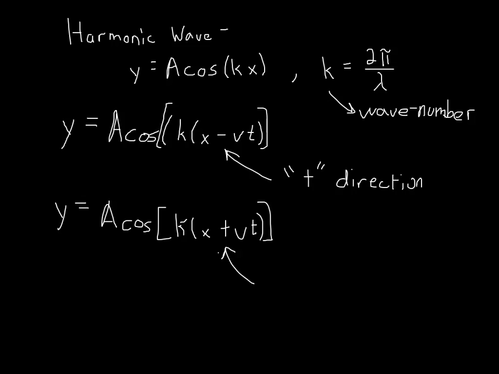And if we have a positive sign, then our wave is traveling in the negative direction. Again, we determine this based entirely on the sign of this v times t in our wave equation. If it's negative, we're going in the positive direction. If it's positive, we're going in the negative direction.